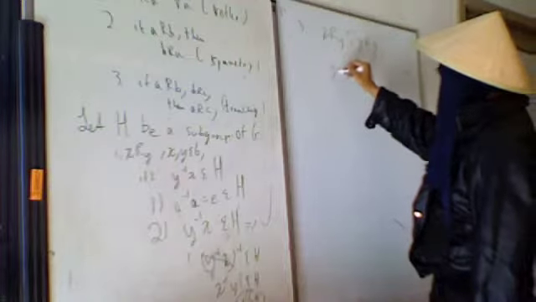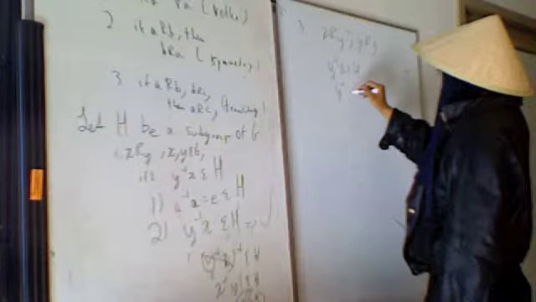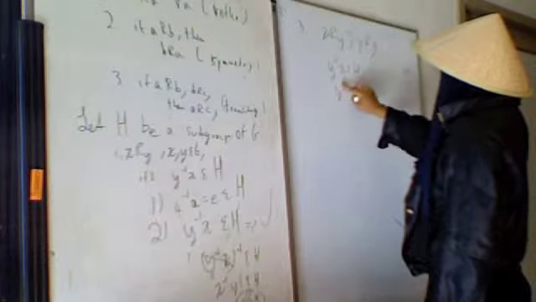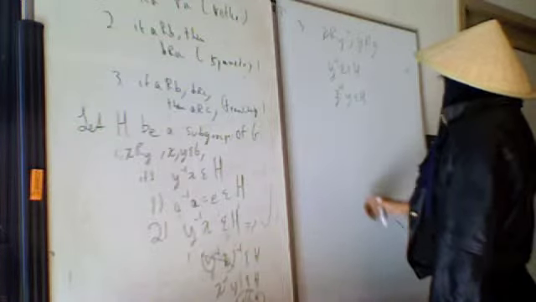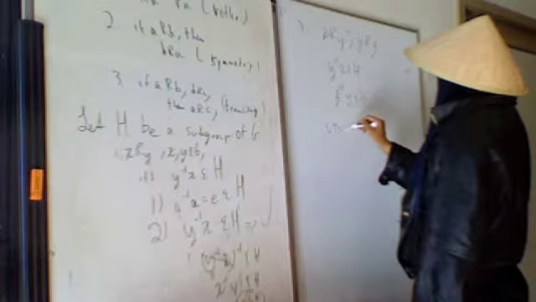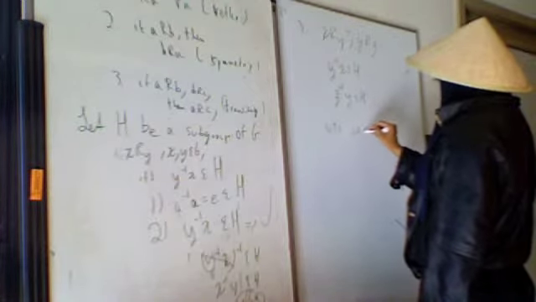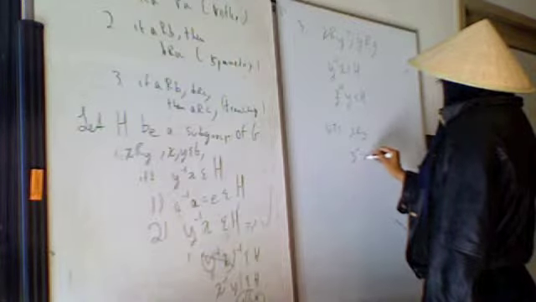By definition, y inverse x is in H, and z inverse y is in H. I want to show x is related to z, which says z inverse x is in H. How do I show this?